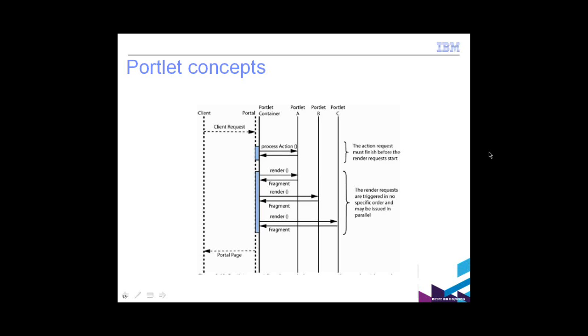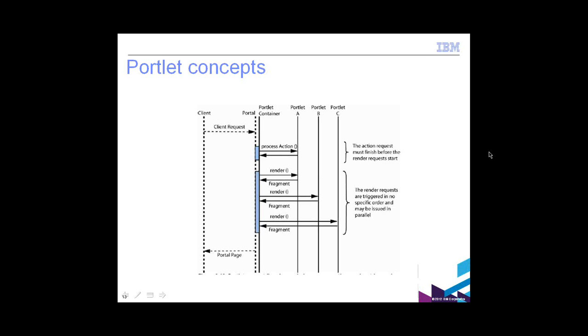We have an example of 3 portlets, portlet A, B, and C on a portal page. So what happens? Somebody presses or submits a form in, let's say, portlet A. So you have a portal page. There is a portlet A, which probably has a form. There is a portlet B, and there is a portlet C. So somebody pushes a button or does an action on portlet A.